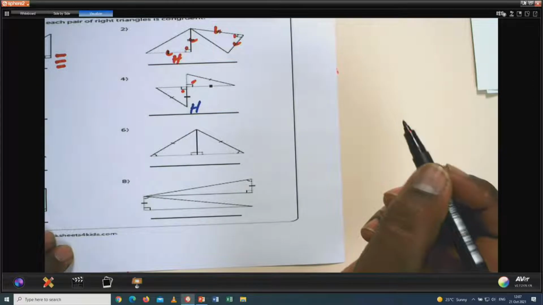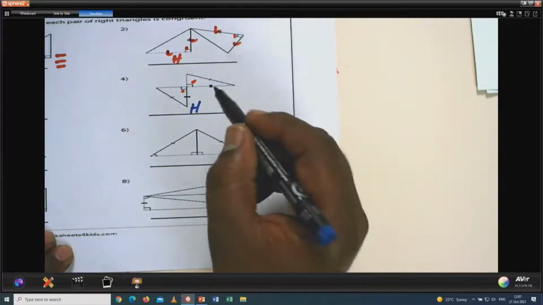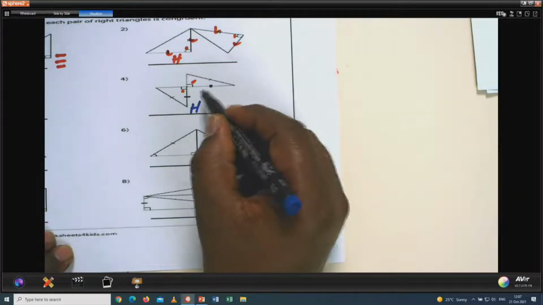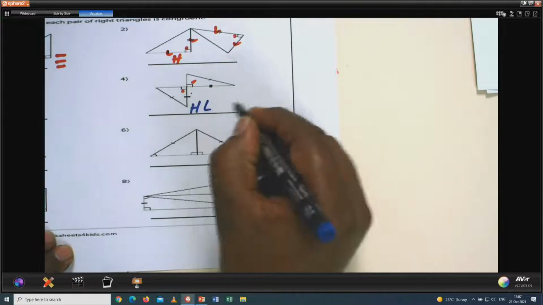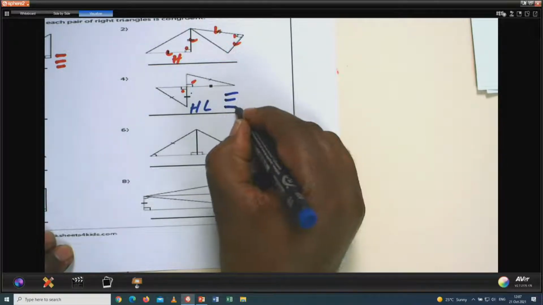What are we having? 90 degrees, and what does 90 degrees imply? It implies we have an hypotenuse. Are the hypotenuse equal? Yes. What else do we have? Do we have sides equal? Yes. Therefore, they are congruent.